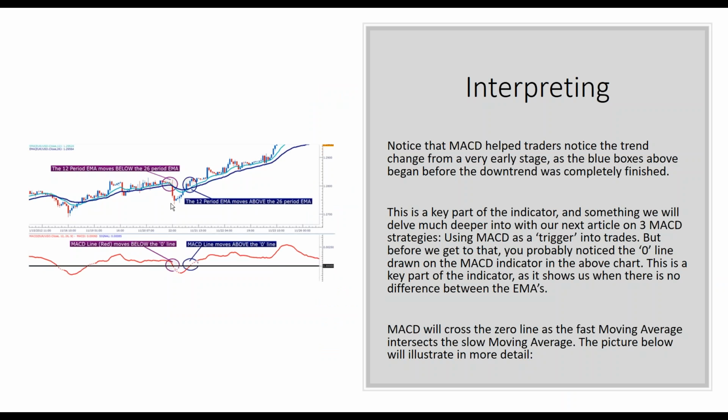When we see the divergence and the convergence of these moving average periods, we can interpret those from these lines. So what we see here is the MACD line, the red line, moves below the 0, and the MACD line moves above the 0. And remember, we had the 0 line on the chart.